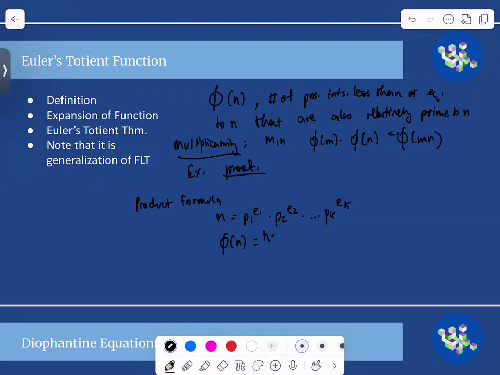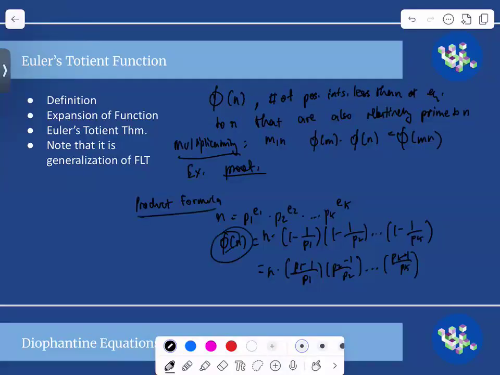So then you can multiply by 1 minus 1 over p1 times 1 minus 1 over p2 and so on times 1 minus 1 over pk. And you can also write this as p1 minus 1 over p1 times p2 minus 1 over p2 and so on till pk minus 1 over pk. So this is the formula for phi of n.